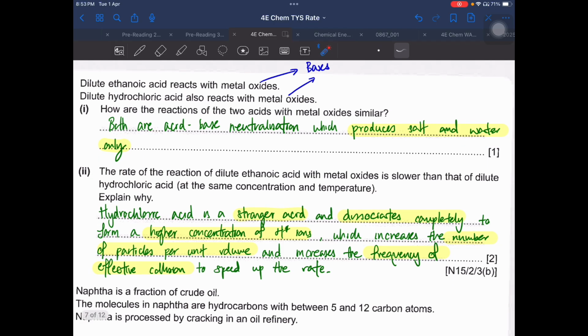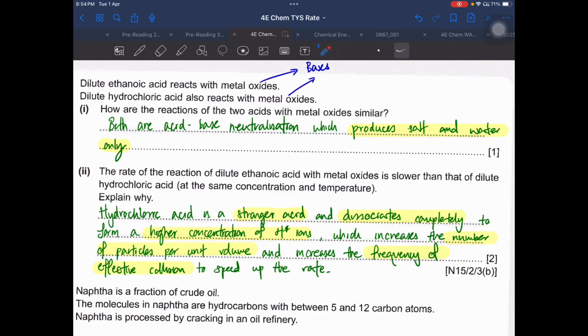Secondly, you are asked to think of why exactly the rate of reaction for dilute ethanoic acid is actually slower than that of hydrochloric acid, even though they are the same concentration and same temperature. Now, most of us here will remember that hydrochloric acid is a stronger acid, right? And if it's a stronger acid, what happens is that you will dissociate completely to form a higher concentration of H+ ions.